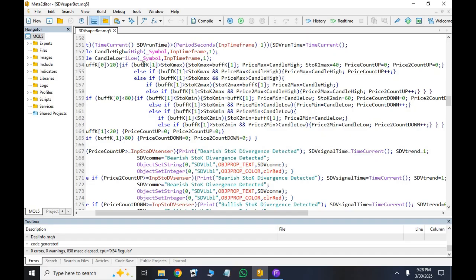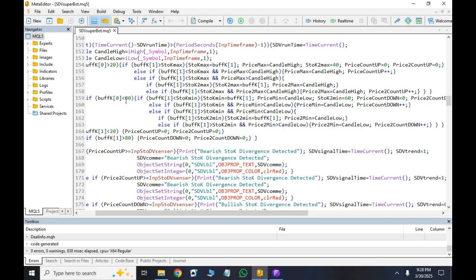And if the K value again increases beyond this saved max value, then again this condition runs and it saves the stoch max value and the others get 0, price count up also 0, and again save the price value and check the stoch value is decreasing and price value gets increased.